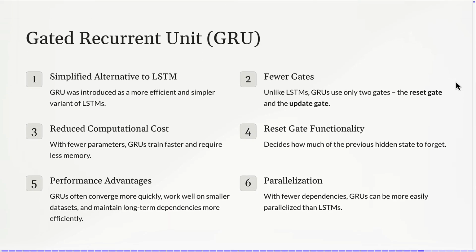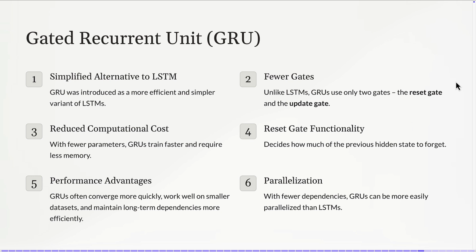So, one of the most famous variants of LSTM is the gated recurrent unit. It's a simplified alternative, meaning it has fewer gates. It was introduced as a more efficient and simpler variant of LSTM. It has only 2 gates, the reset gate and the update gate.